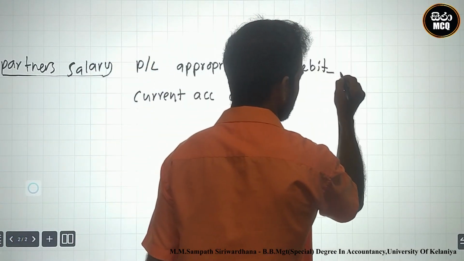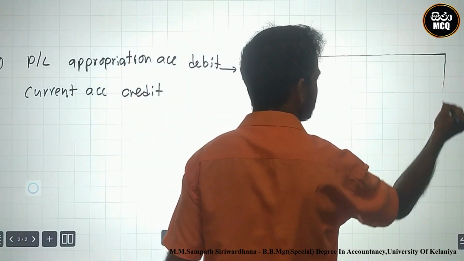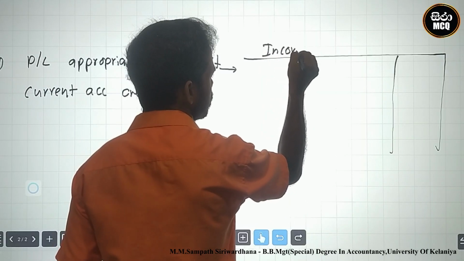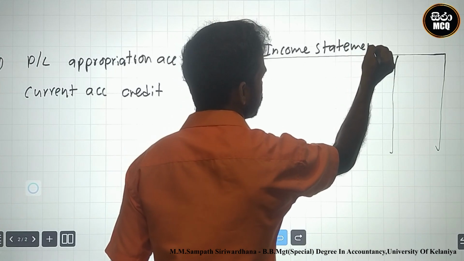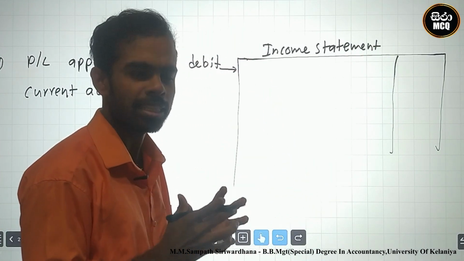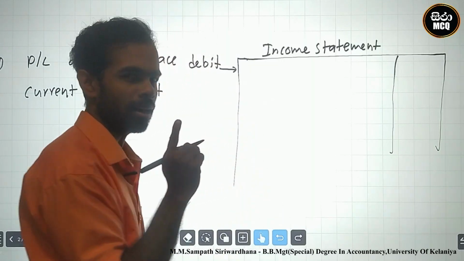Look here, at the preparation of the income statement, after the profit for the period is calculated, you must enter partner salary.